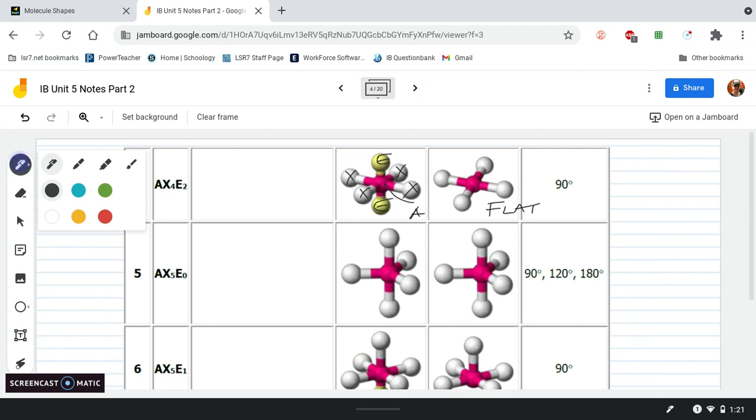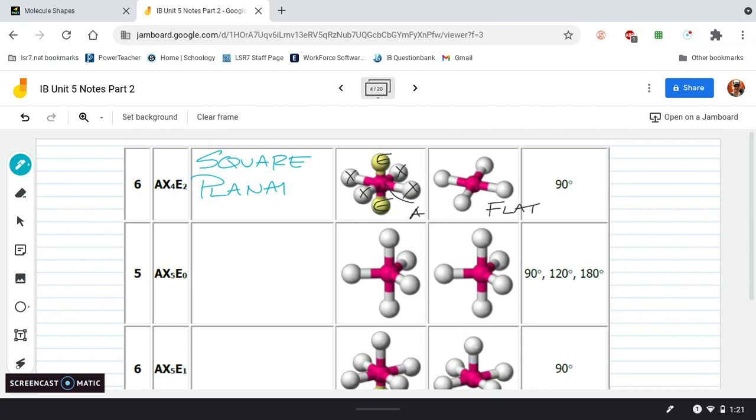And so this one is a square, because it is a square and it is planar. So it's a square planar. 90 degrees on the bond angle. Again, the square planar. If you can visualize that flat piece, that will definitely help.